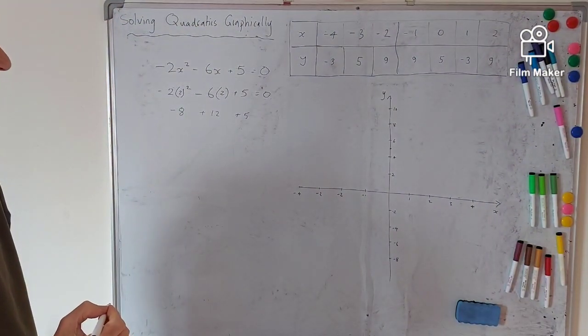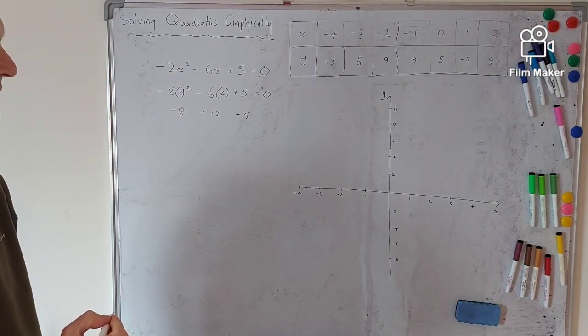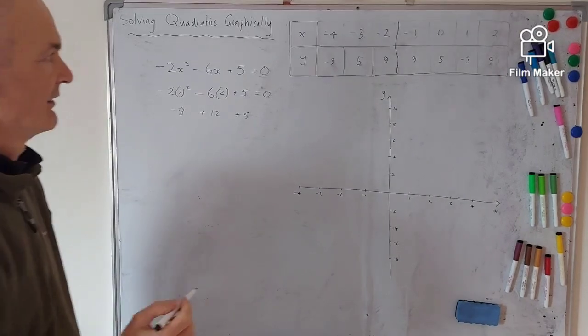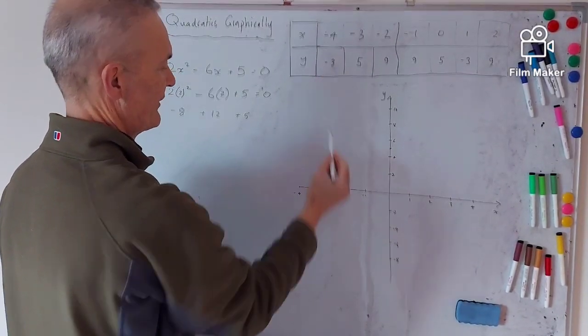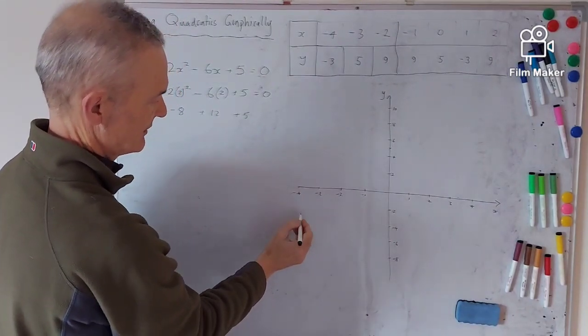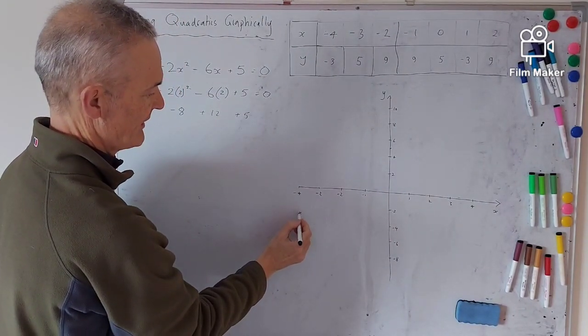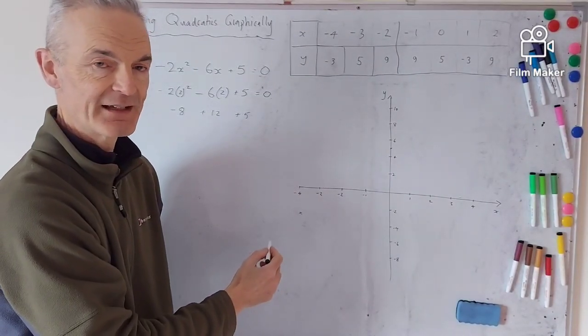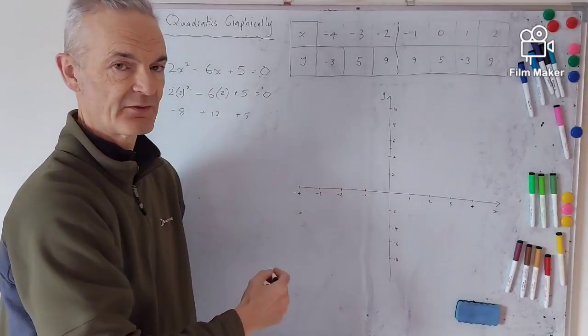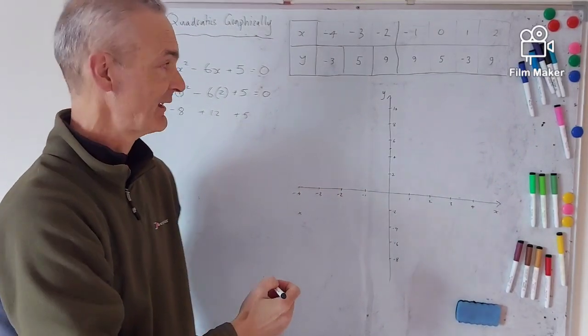Okay, so now we can plot our points. So we've got -4 in the x direction and -3. So -4 along, -3 is about here. Now notice I've not got graph paper here, so I'll do the best I can, but this would be on graph paper in an exam and you could plot it exactly.